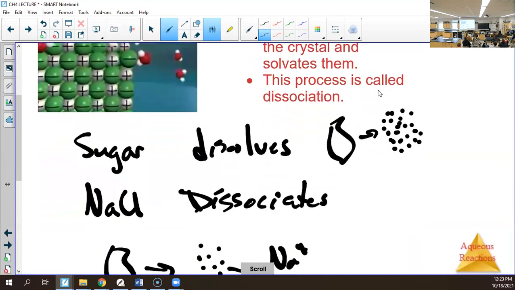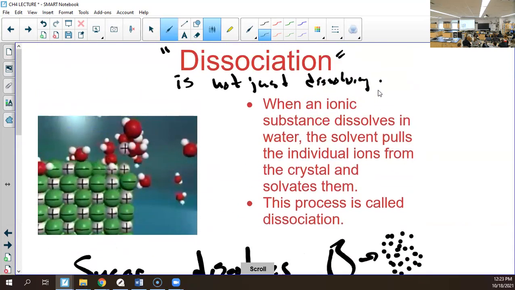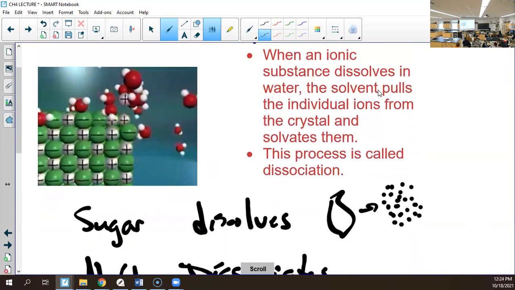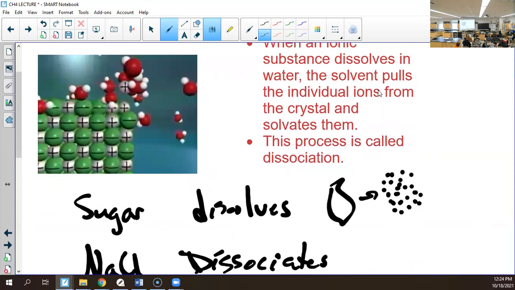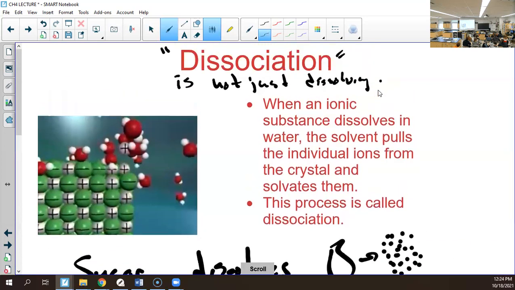Based on our ability to consume drinks that are sweet, we know sugar dissolves, right? So sugar is a soluble substance, but sugar does not dissociate.